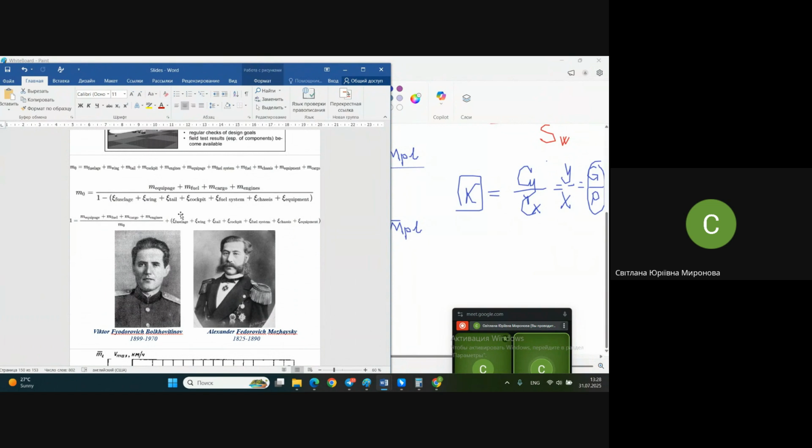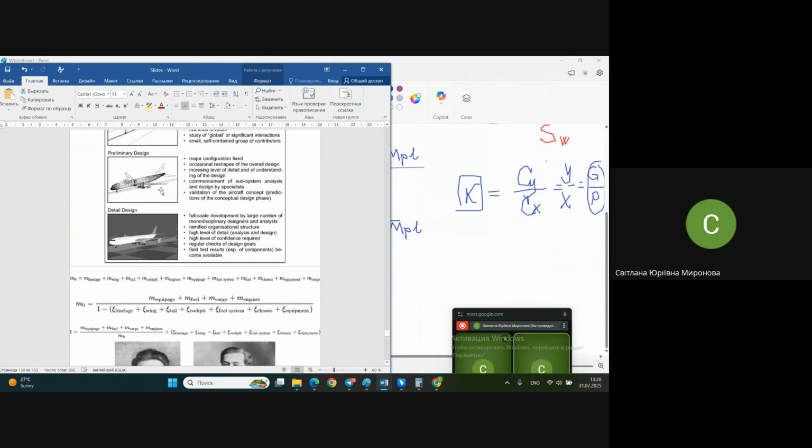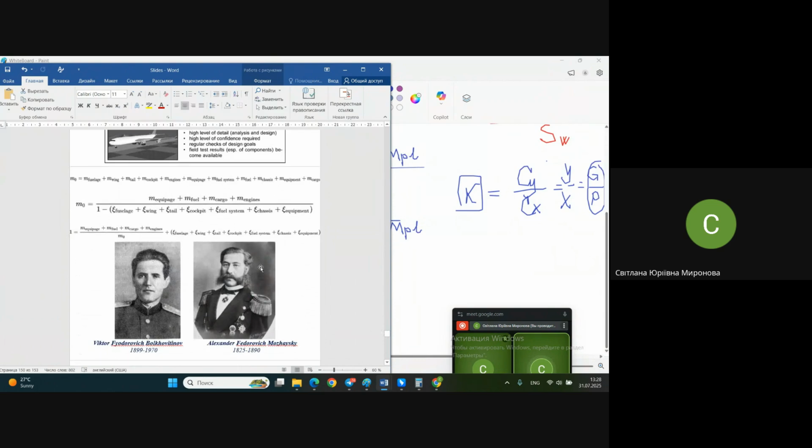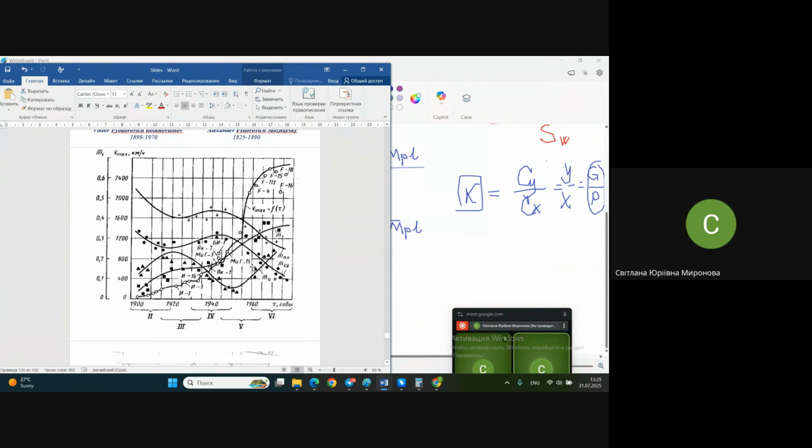It's like a spiral. We do something, next we come back, we detailize it, we change something, and come back and detailize it again and again. But these three stages of design are not a direct line. It's something like a spiral way from one stage to another. Only after some iterations may a real airplane appear.